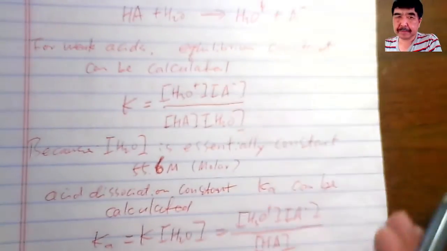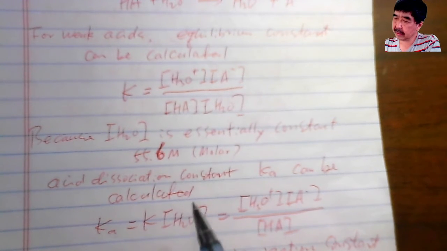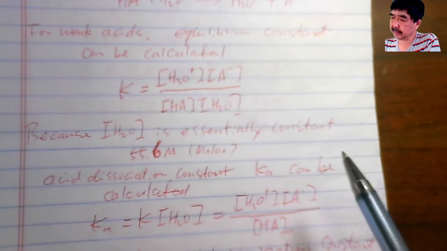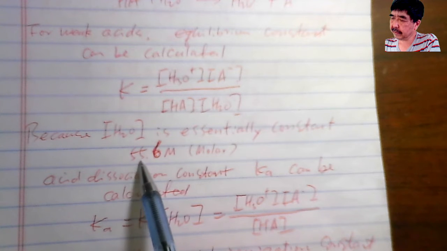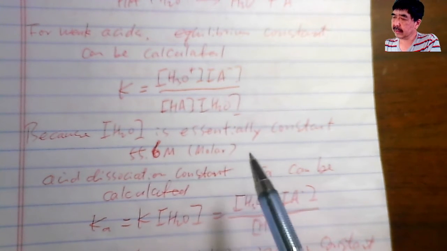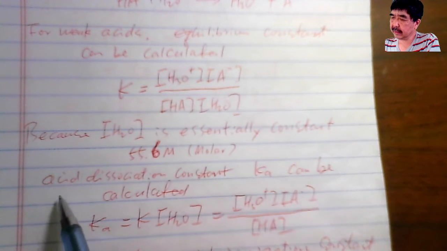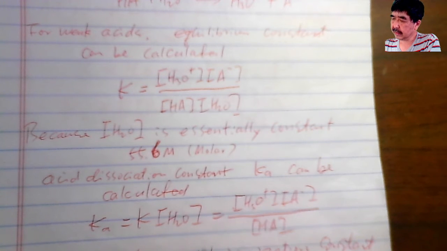Because water concentration is essentially a constant, especially when the solution is dilute, around 55.6 molar, another constant called the acid dissociation constant Ka can be calculated.